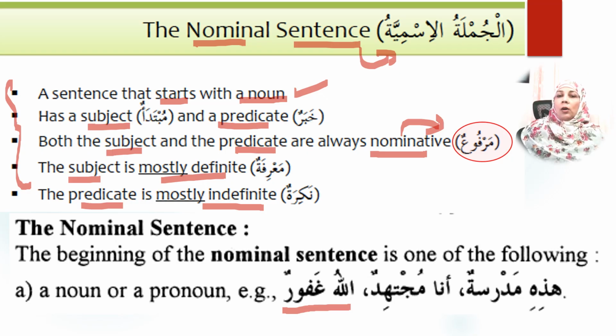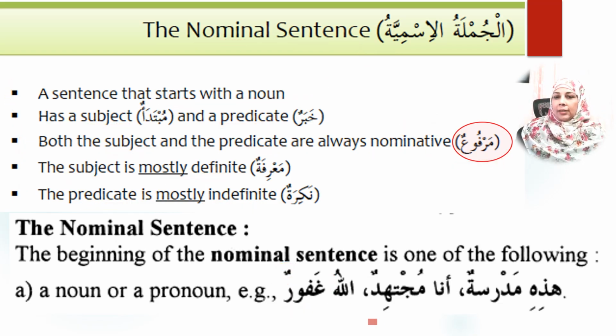We also see that both the subject and the predicate are nominative here because Allahu ends with a dhamma and the khabar also ends with a tanween dhamma. So they are both nominative, marfu'un. Observe that the subject is definite because Allah is a proper noun, and Ghafurun is indefinite because it ends with a tanween dhamma.